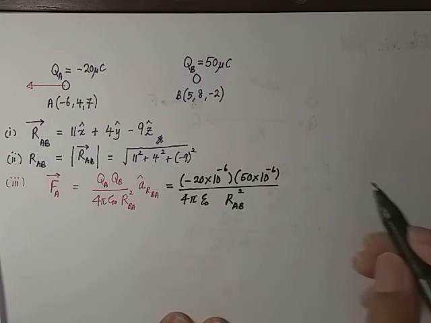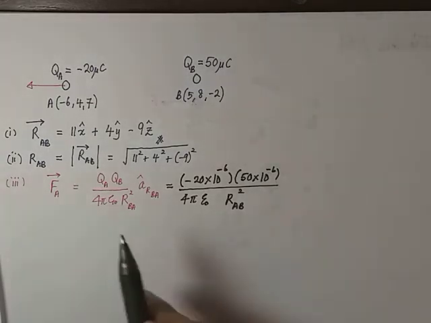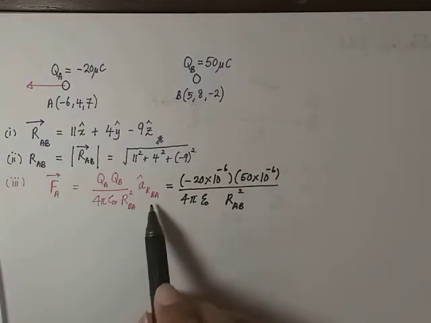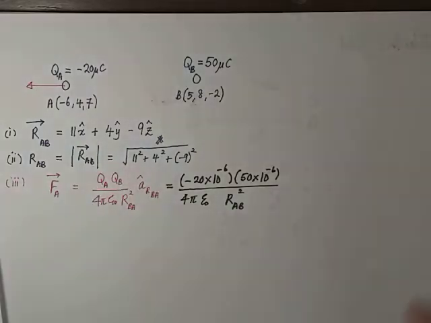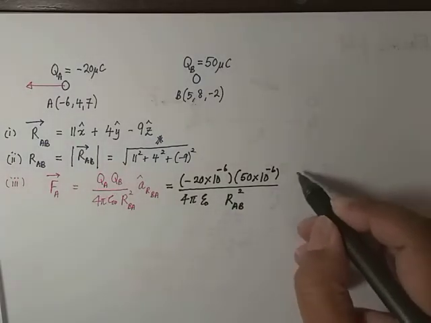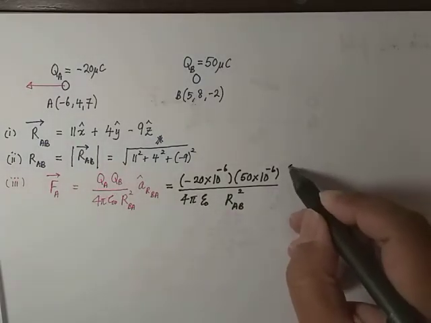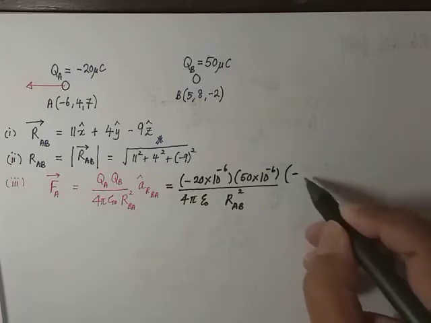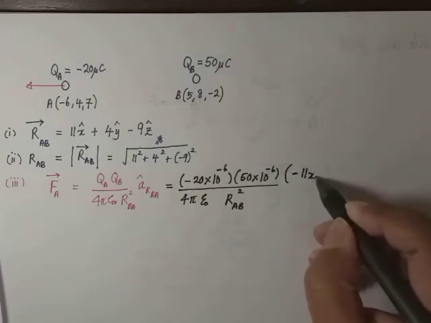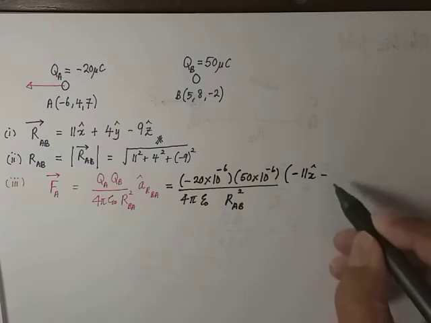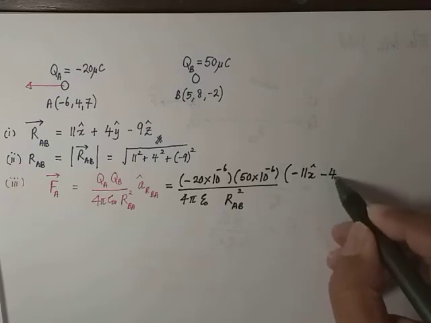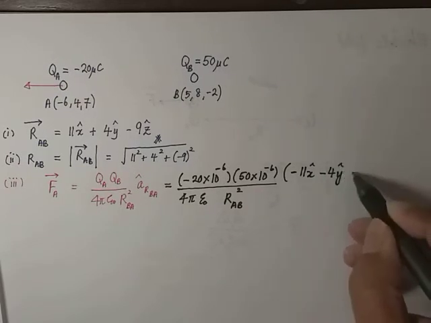The direction is no longer AB, it is BA, so it should be the opposite of the one we defined above. Direction-wise: negative 11x, negative 4y, and plus 9z.